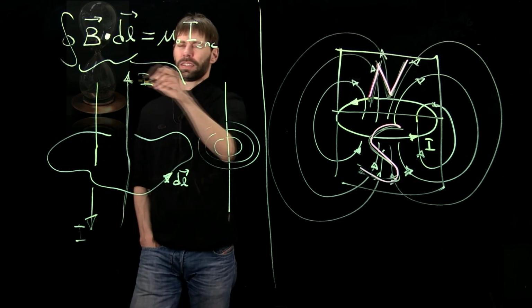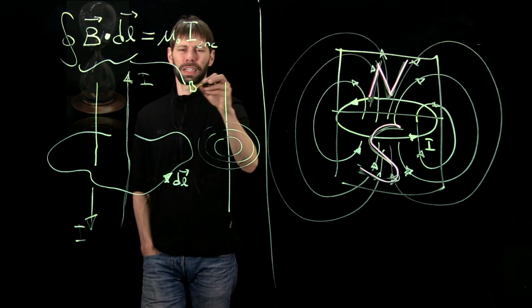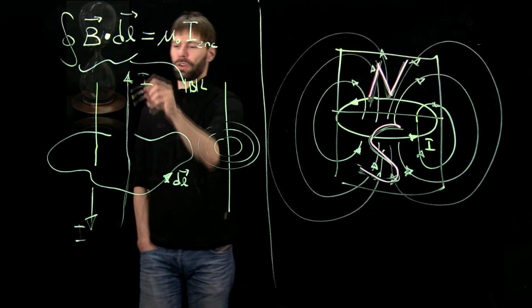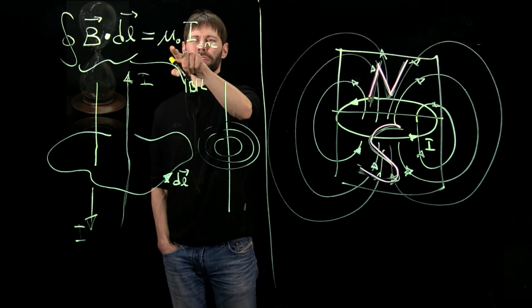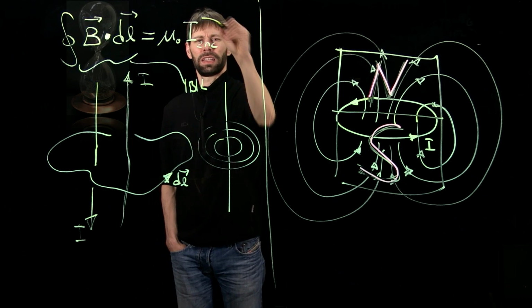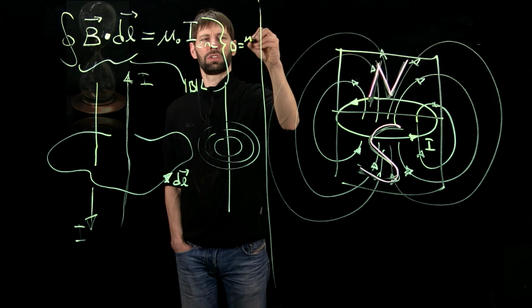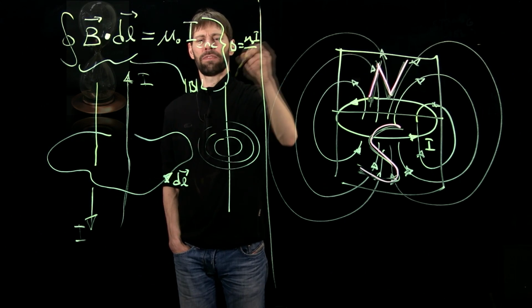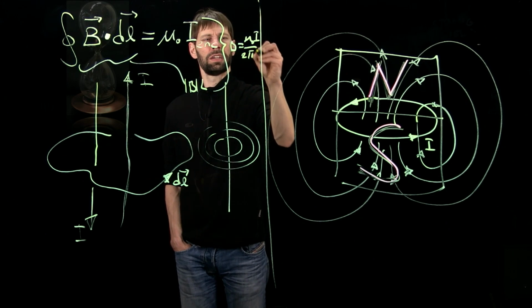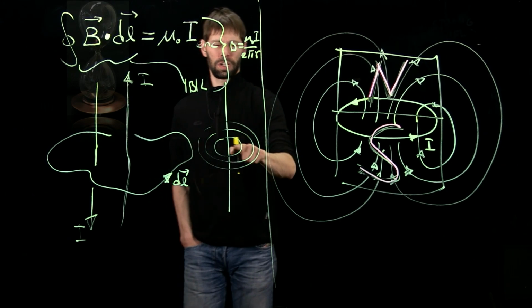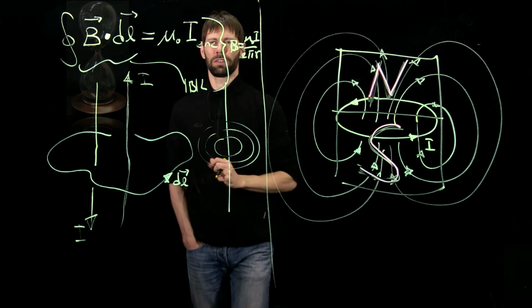The dot product gives you just the magnitude of the magnetic field multiplied by the length of the path that we are traversing, in the circular case, equals mu naught times I. And therefore we obtain that the magnetic field equals mu naught times I divided by the length, and in the case of circles it would be 2 pi times the radius of the circle. And this is the formula you have already encountered last week.